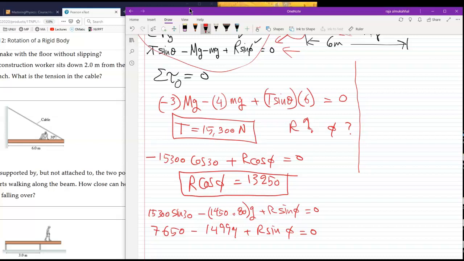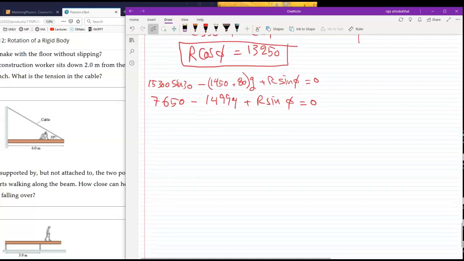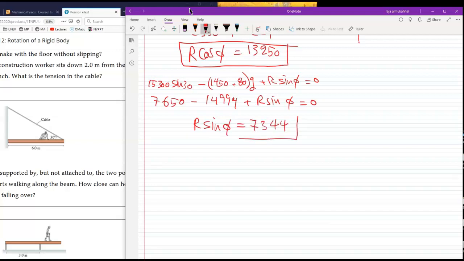Okay, so far? Okay. All right, so let me clean it up a little bit more. So I got 14,994 minus 7,650. Answer. So what I have here is R sine phi equals 7,344. I hope I did it right, but let's assume this is correct.